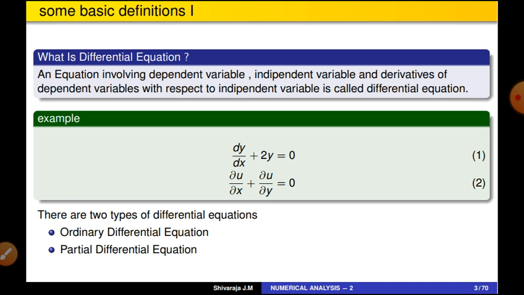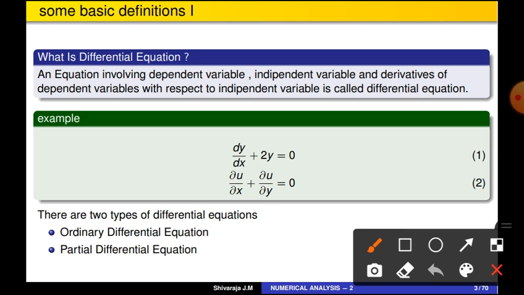So first, what is a differential equation? I think all of you know what differential equations are. An equation involving dependent variables, independent variables, and derivatives of the dependent variables with respect to the independent variables is called a differential equation.